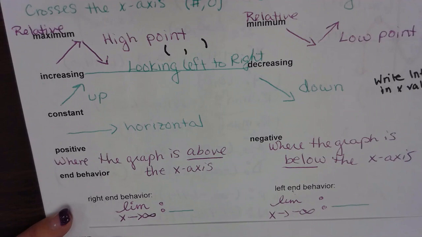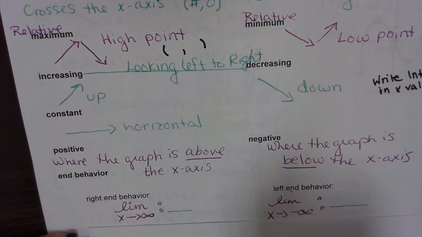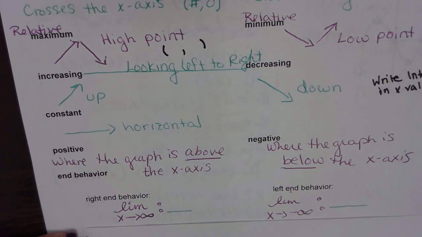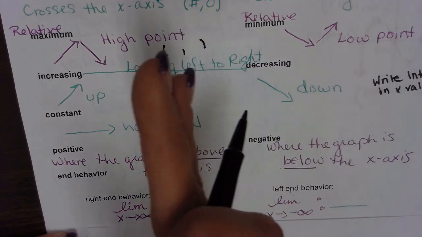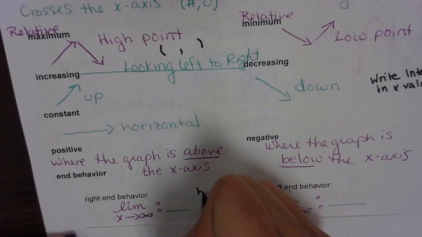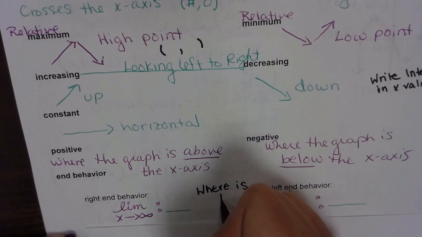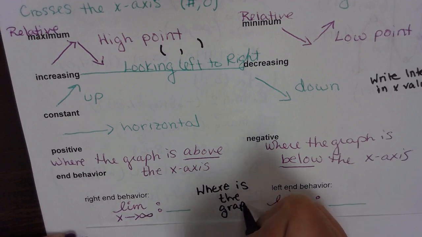It's talking about our limits, so we want to write limit as x approaches infinity, because that's all the way to the right is infinity, where left end behavior is where it's going to negative infinity. So I'll put that question, where is the graph going?